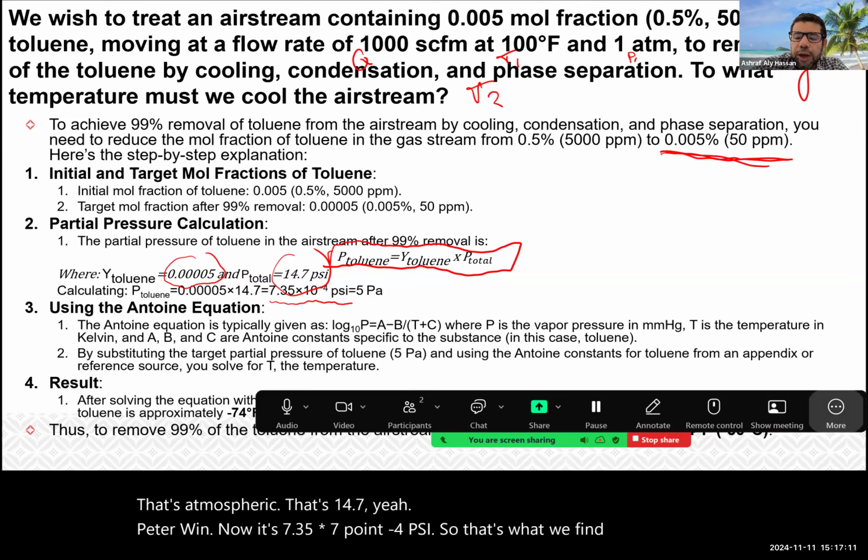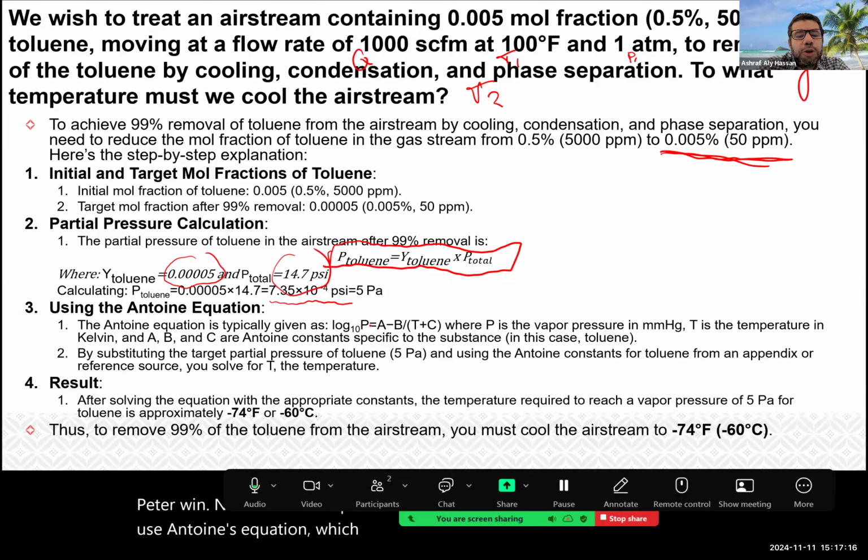Now we will use Antoine's equation, which we covered last class: log10 P equals A minus B over T plus C. And for toluene, we'll get A, B, and C from the appendix, from the table that I have for you in the slides. Then we'll substitute the target partial pressure of toluene, the 5 Pascal, and solve for temperature.